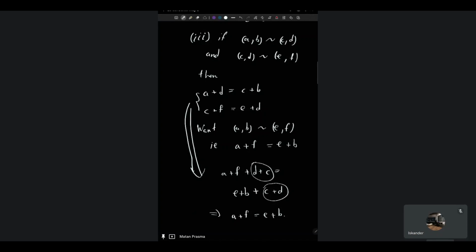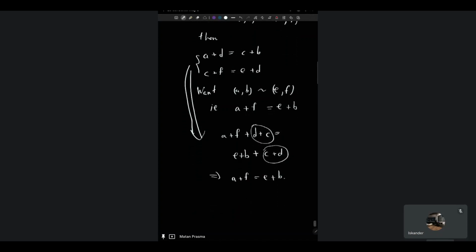Okay, so I get an equivalence relation, right? And now define the integers to be this set, N times N, modulo this equivalence relation.